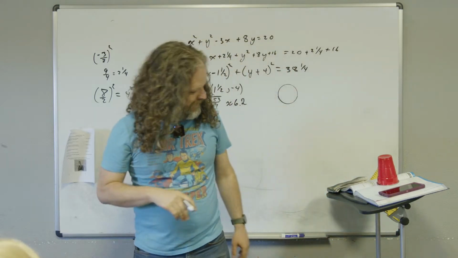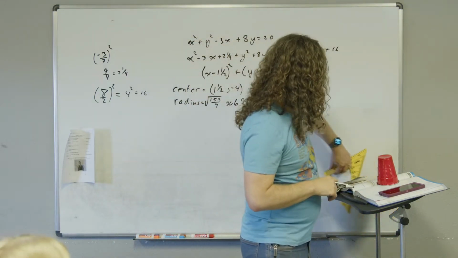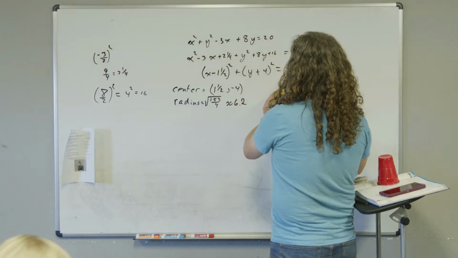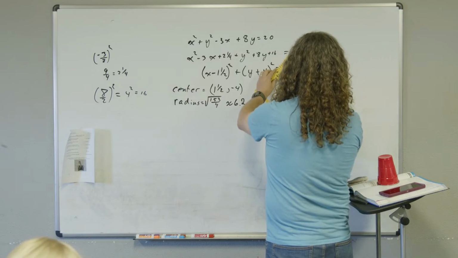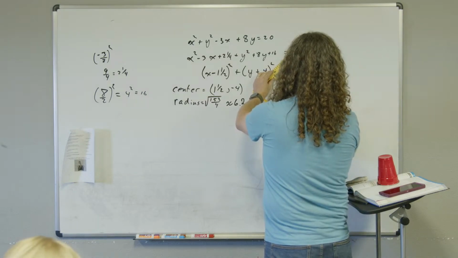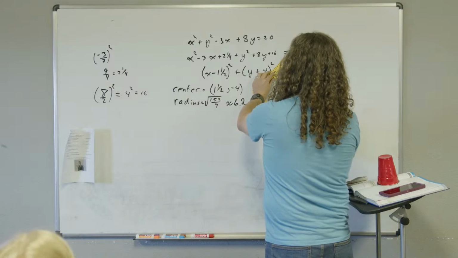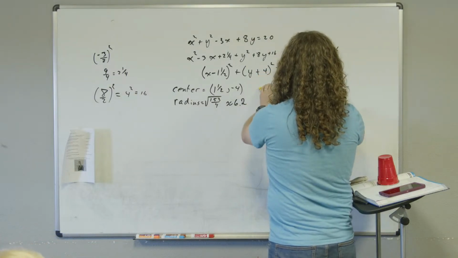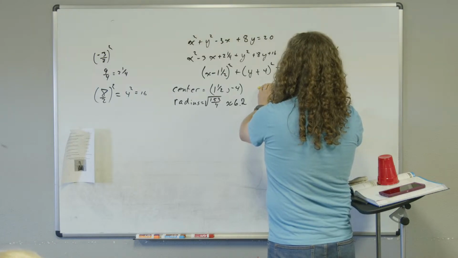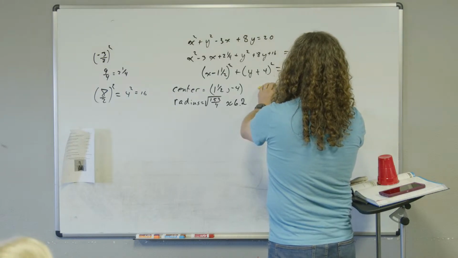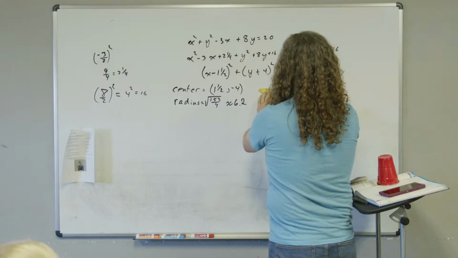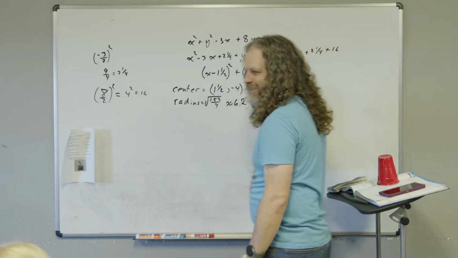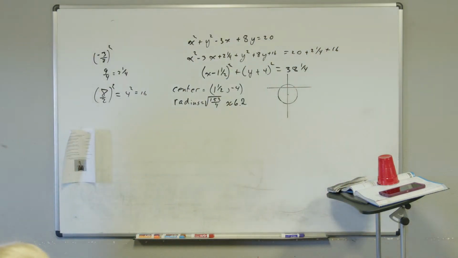And then you come back and ask, where's the center? 3 and a half, negative 4. No, it's negative 4. Yeah, that's right. And then you go here, and you just start labeling it what you are saying it is.